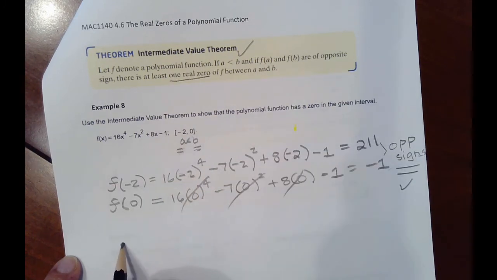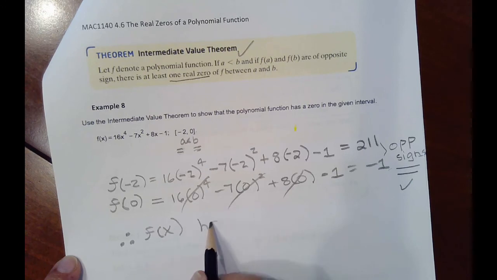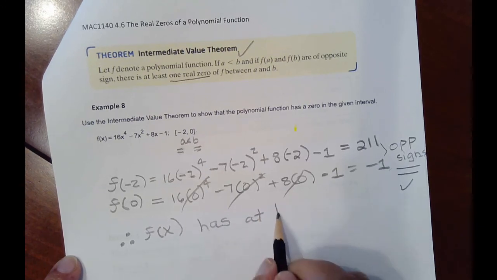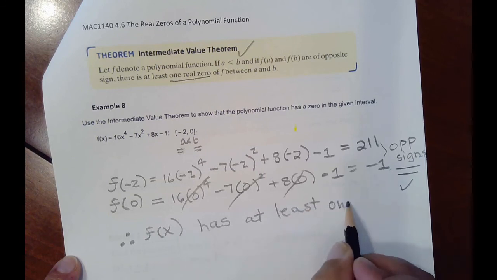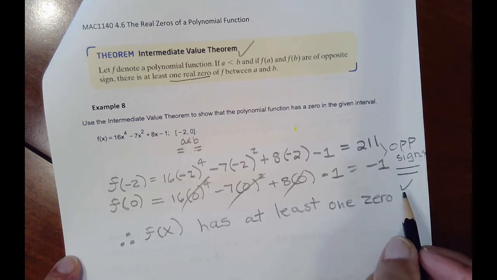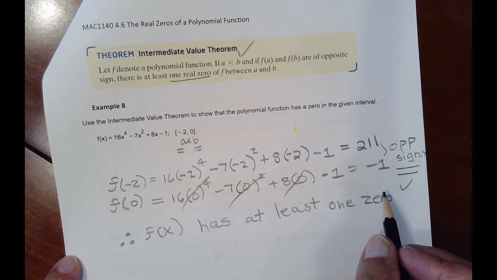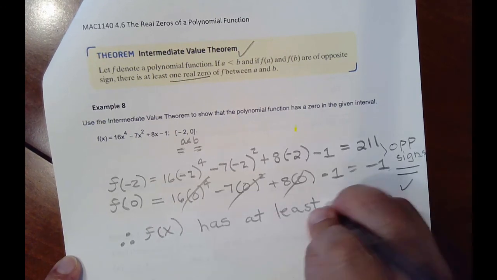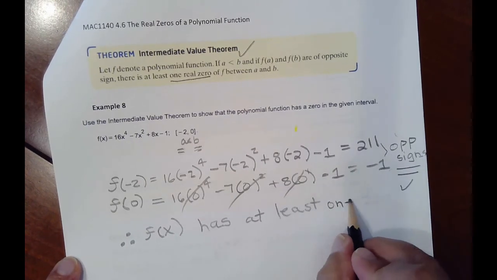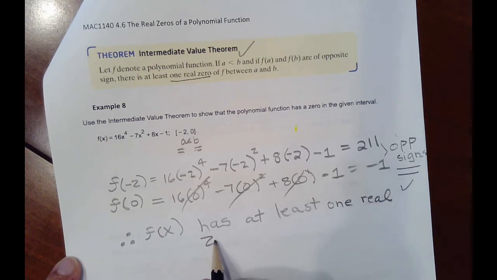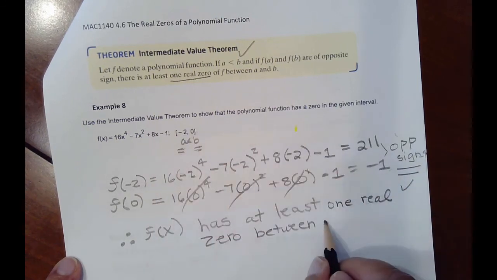So that means, therefore, that's what 3 dots shaped like a triangle means. That means therefore, the function f of x has at least one real 0 between -2 and 0.